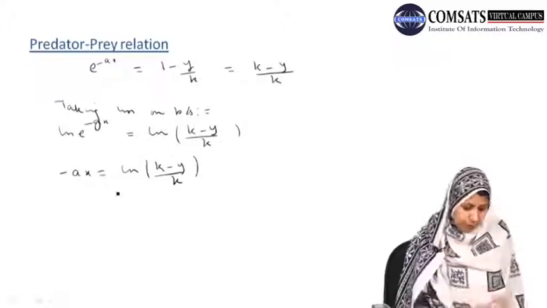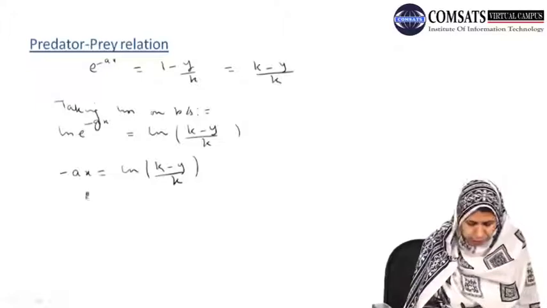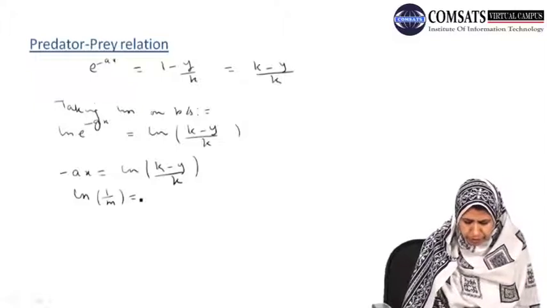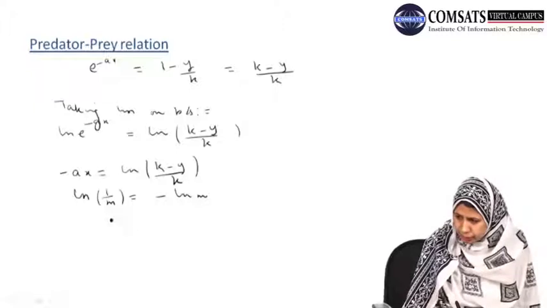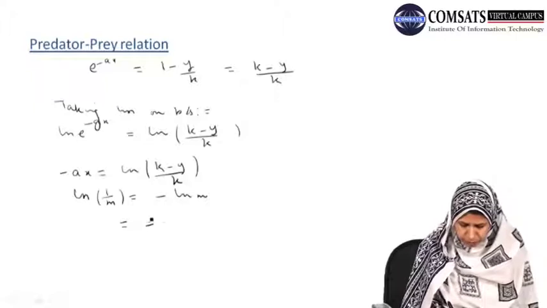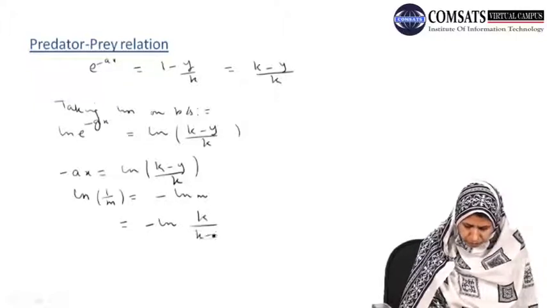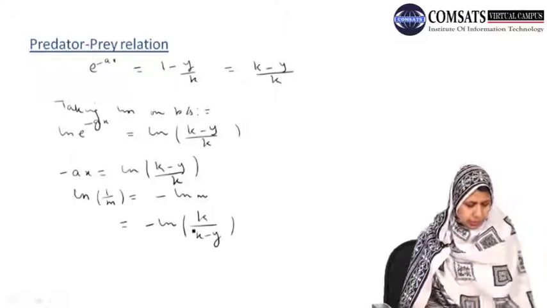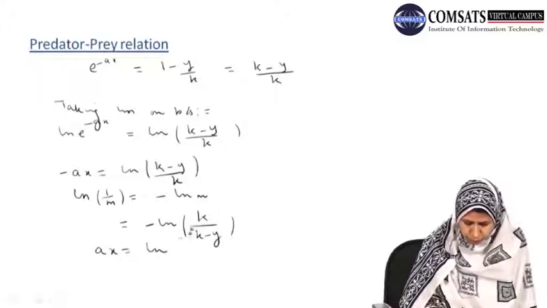Now we will multiply by minus 1 on both sides. In fact, we will use the property that natural log of 1 over m is equal to minus natural log of m. So on the right hand side we are using this property, which gives minus times natural log of k over k minus y. The minus sign cancels out and we are left with ax is equal to natural log of k over k minus y.